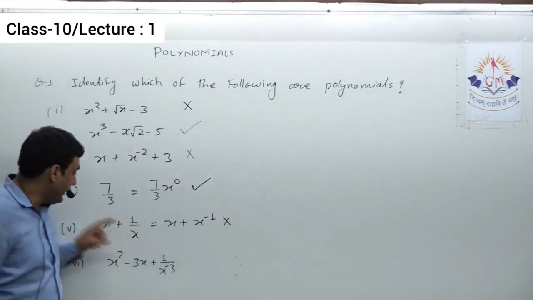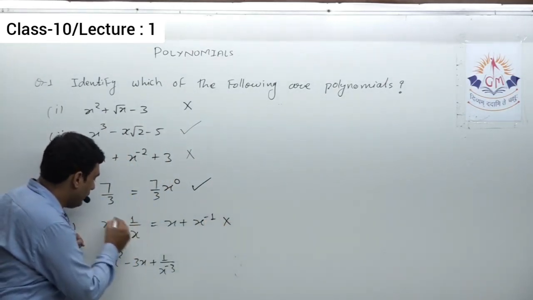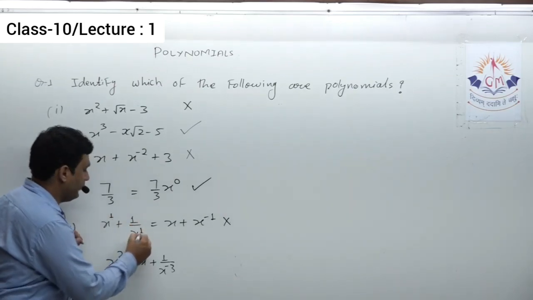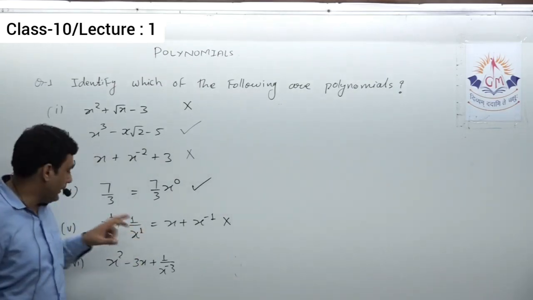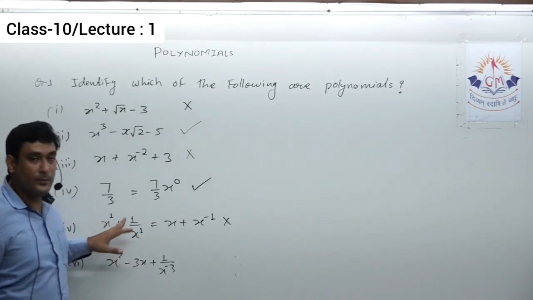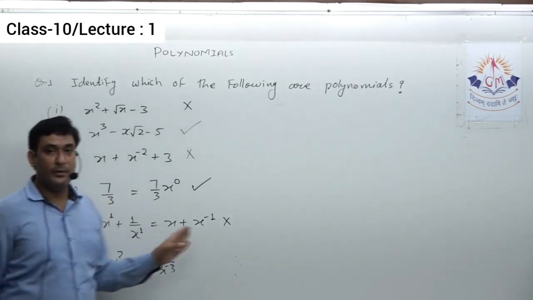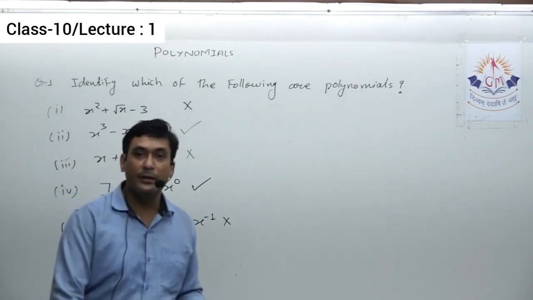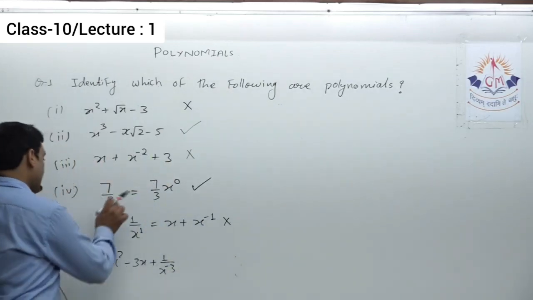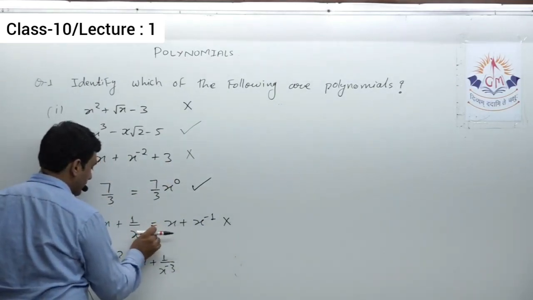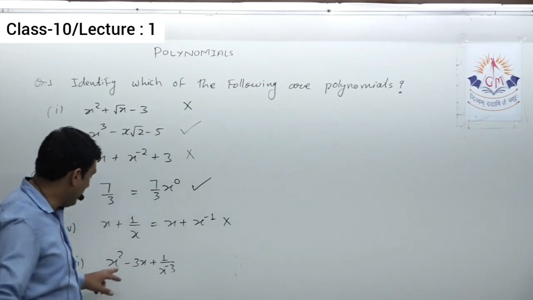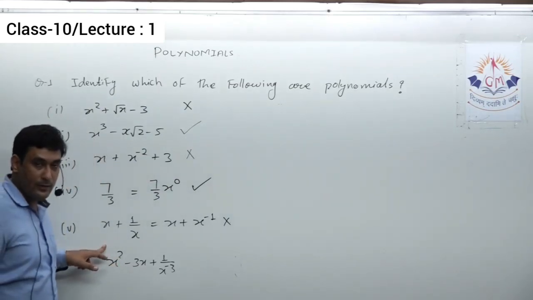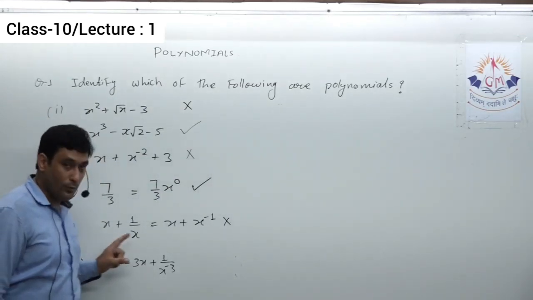Okay, so again I am repeating. If you directly see over here, you will find 1, and over here you will find 1, and you may say it's a polynomial. But for that, all variables must be in the standard form. In the standard form, all variables must be in the numerator, and then you have to check their power. Now over here, in the first term the power is 2, it's a whole number.